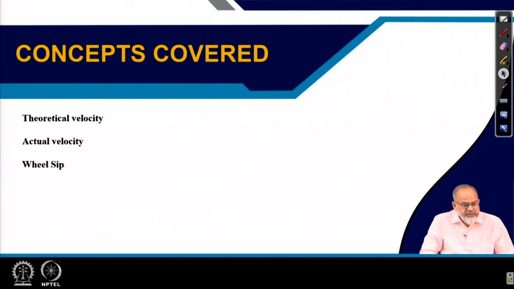These parameters are important because the output from a tractor in terms of drawbar depends on the wheel slip. The more the wheel slip, the more power is lost, so we are getting lesser power.